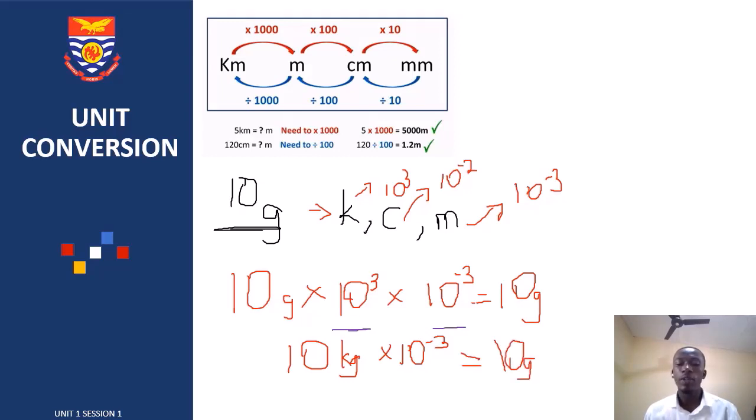Now, because we have the 10 raised to the power minus 3 here, we can add it to the 10 so that we get 10 times 10 raised to the power minus 3 kilogram. And what we have here is still the same as 10 grams. From the explanation and the understanding you've gotten here, try and see if you can change 10 grams to 10 centigram or 10 milligram.